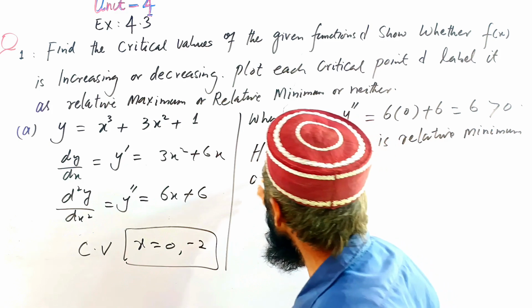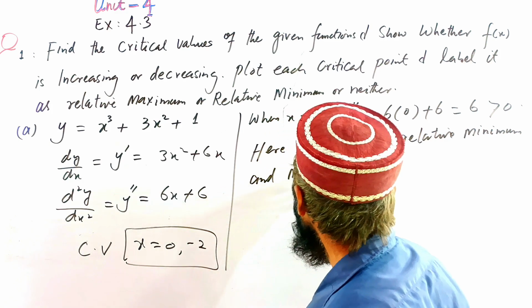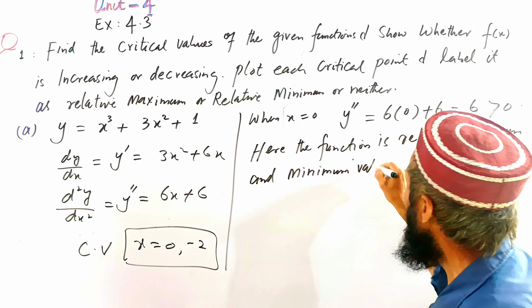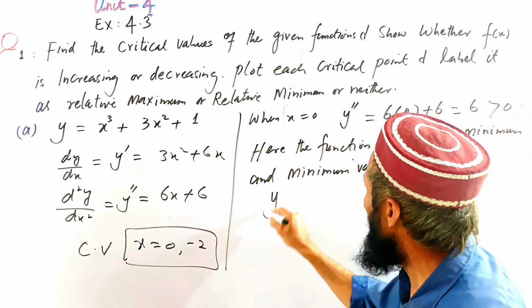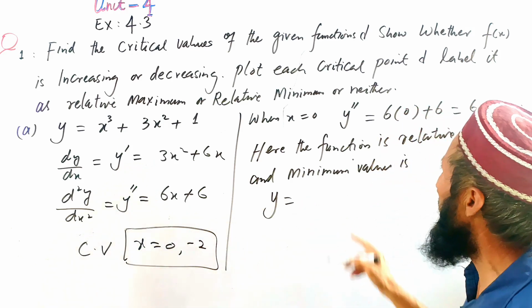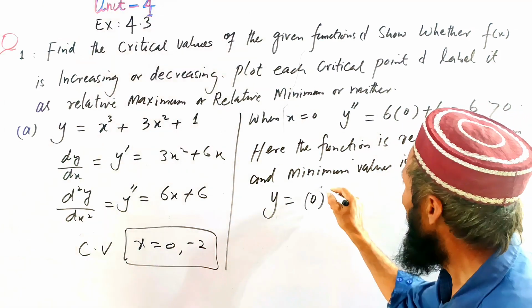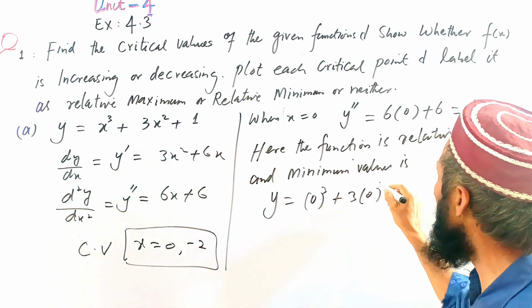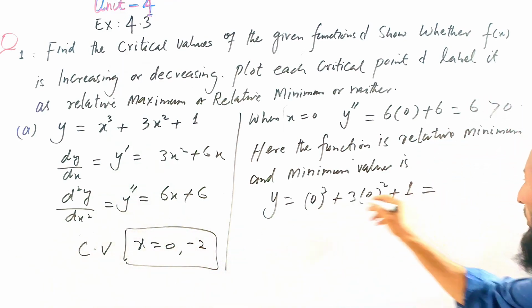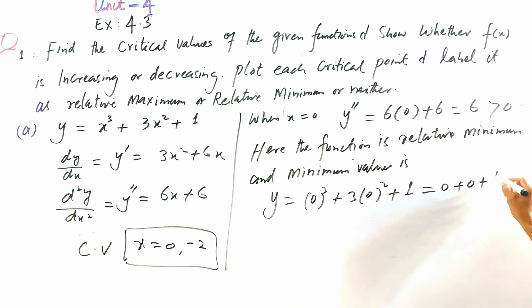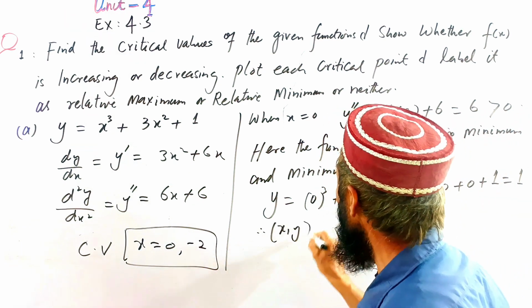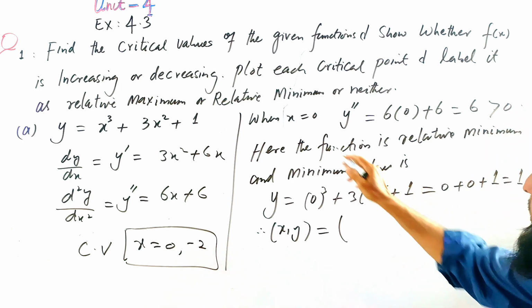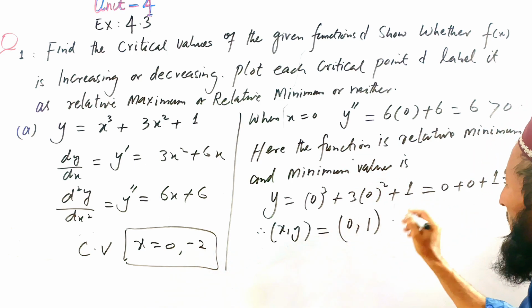For the minimum value, y is equal to 0 cube plus 3 into 0 square plus 1, which is 0 plus 0 plus 1, we get 1. So at x is equal to 0 the minimum value is 1.